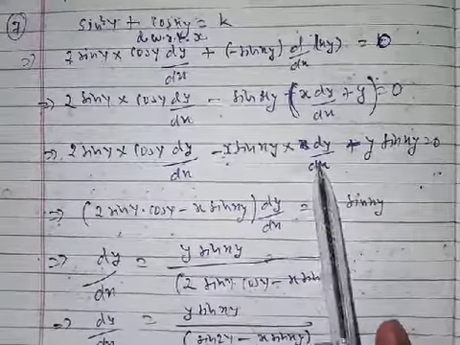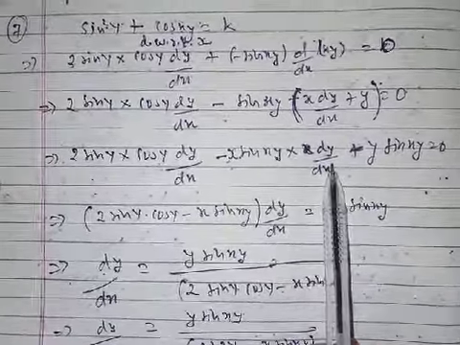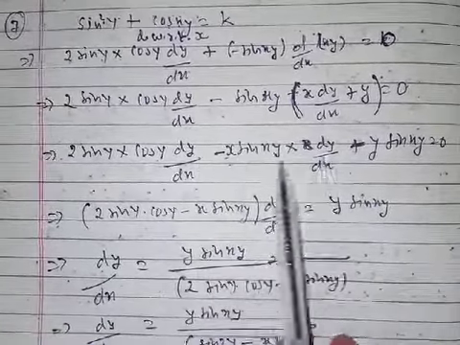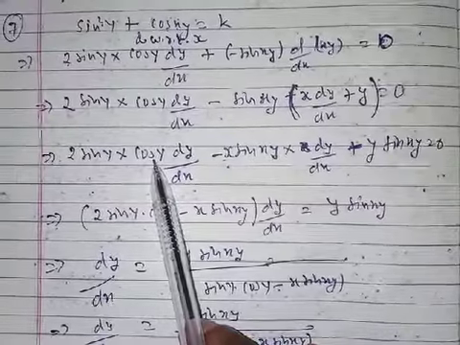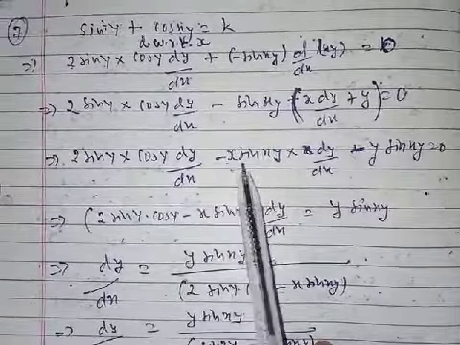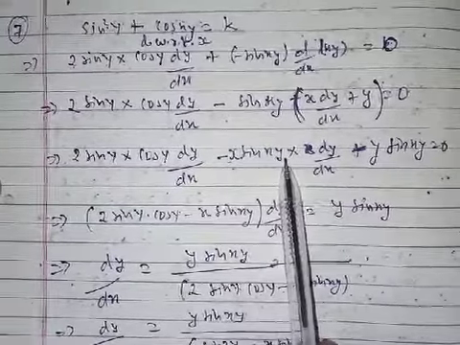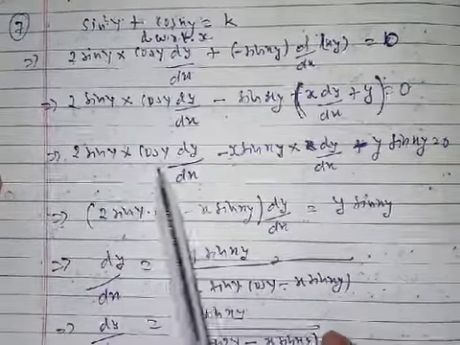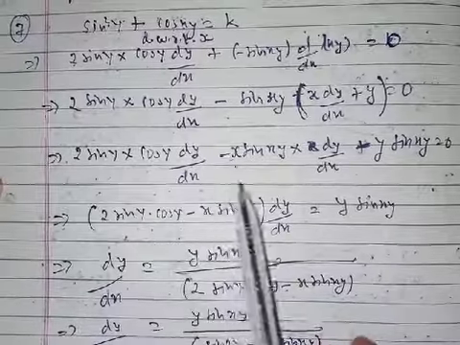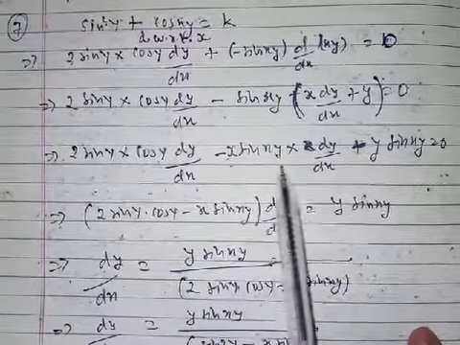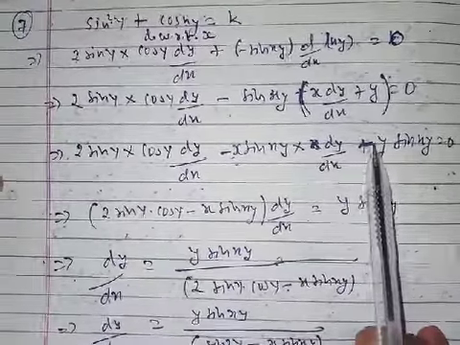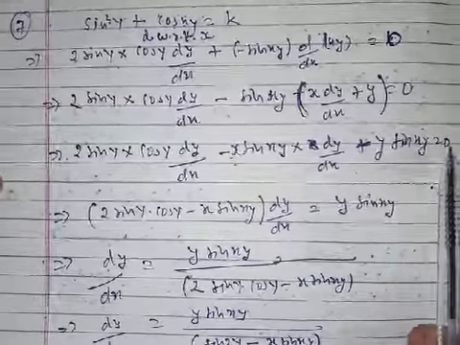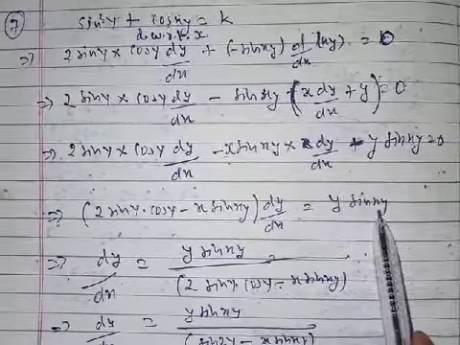We collect dy by dx: cos y minus x sine xy outside the bracket, times dy by dx. What is left without dy by dx is minus y sine xy, so it goes to the other side and becomes y sine xy.